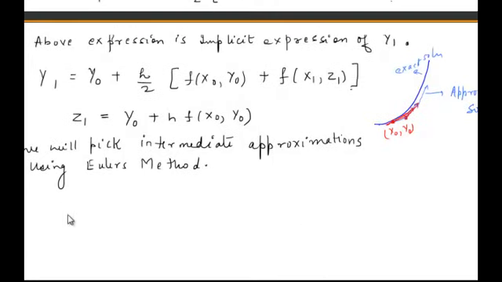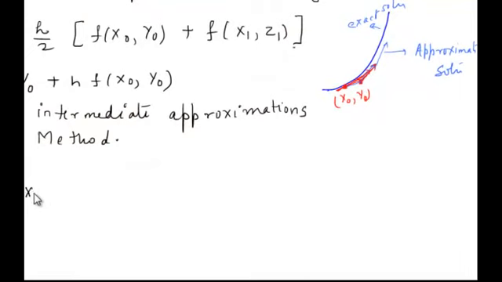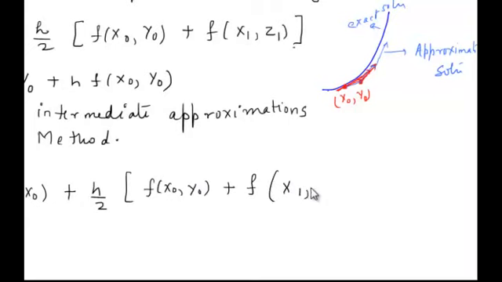So y1 turns out to be y at x0 plus h over 2 times f of x0 y0 plus f of x1 y0 plus h times f of x0 y0. So this is how y1 will come after plugging in the z1 value using this.